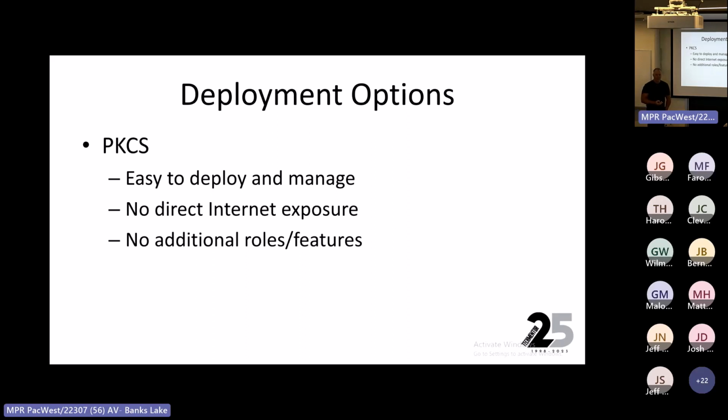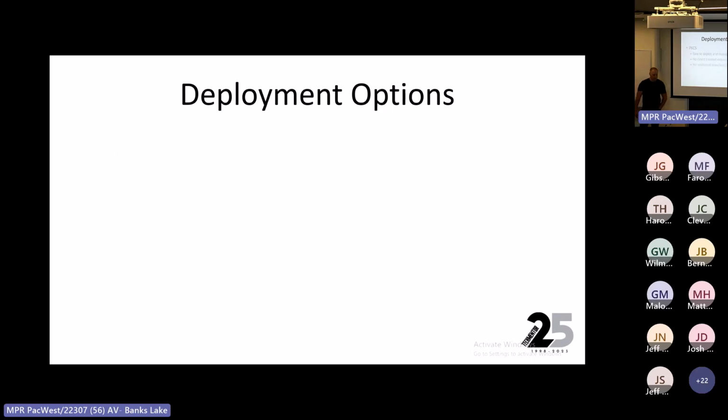The advantage of PKCS, and again, this goes with the easy to deploy and manage piece, is that there are no additional roles and features. You literally install the Intune certificate connector on a domain joined member server, and that's it. You don't have to install any roles or features. You just have to install the connector software. Now, the other option is SCEP, and for those of you doing systems management, you're probably familiar with this.